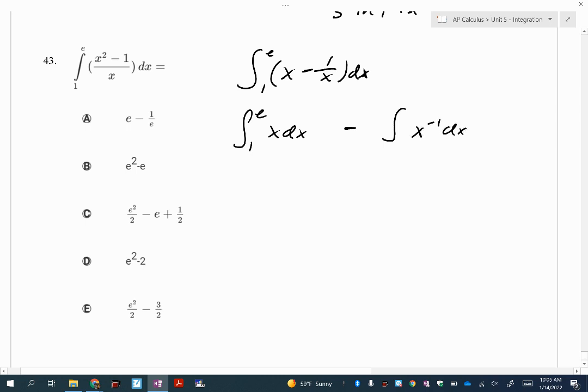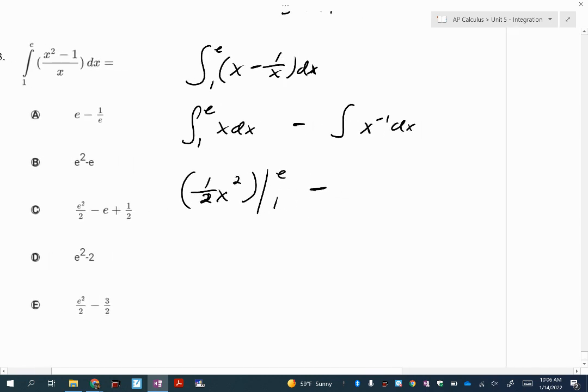Okay, so then this is going to be, let's see, 1/2 x squared evaluated at e and 1 minus the natural log of the absolute value of x evaluated at e and 1.